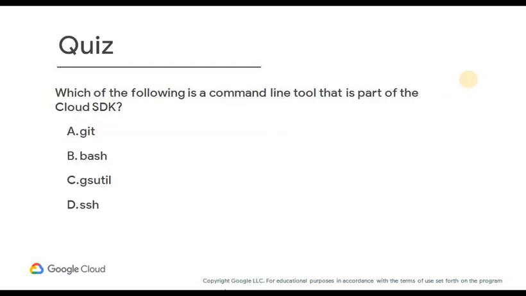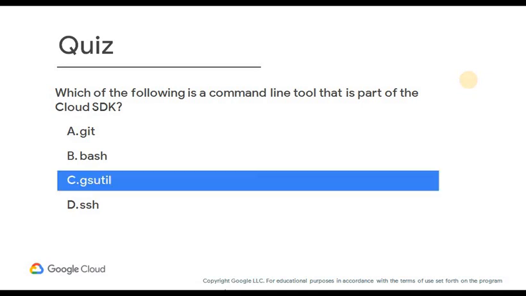Which of the following is a command line tool that is a part of the Cloud SDK? C is the correct answer. The gsutil command line tool is used to work with Cloud Storage.